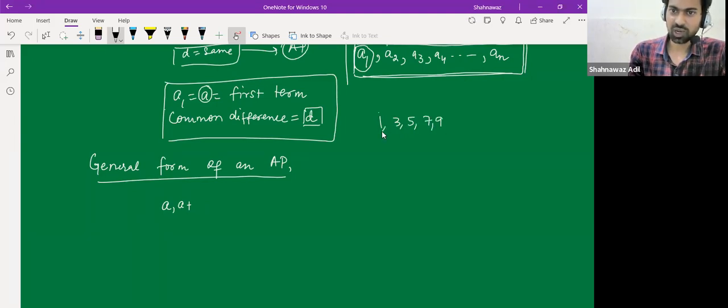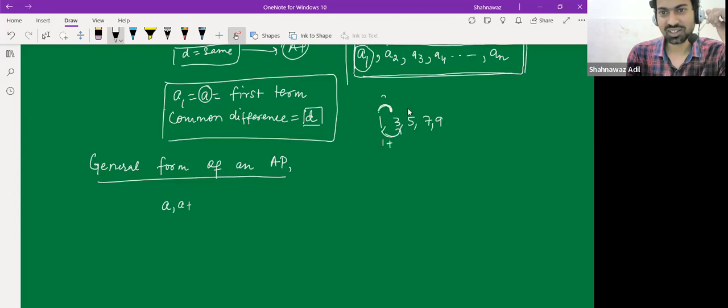So how do you write the second term with respect to this term? This is 1 plus what? How do you reach 3? What is the difference? 2.